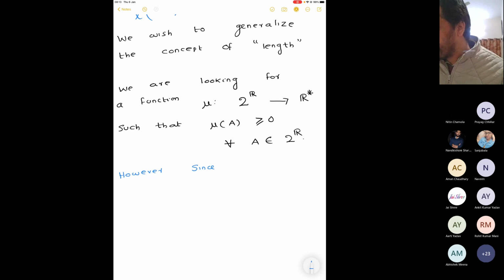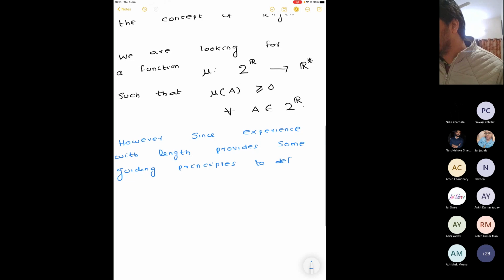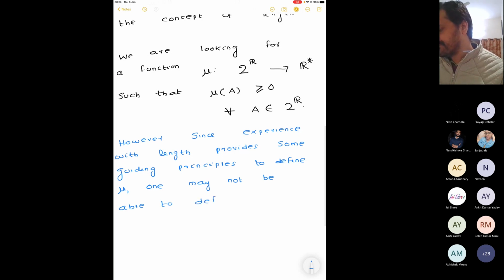However, since experience with length provides some guiding principles to define mu, one may not be able to define mu on 2 power R. Of course, if we can, well and good.